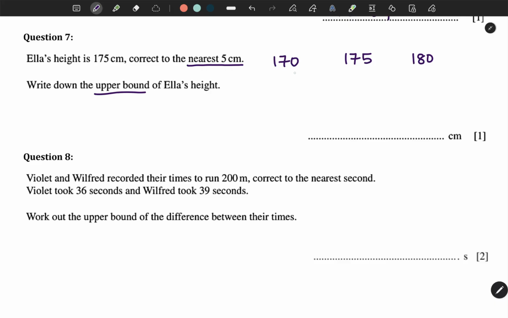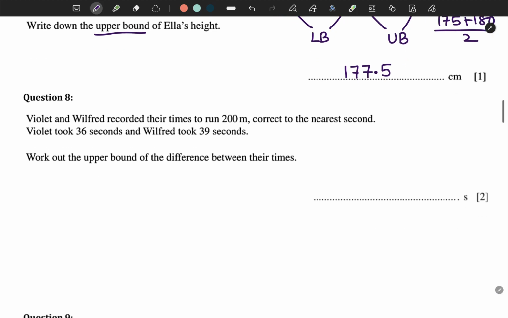You get the lower bounds and the upper bounds in between these numbers. We get the upper bound in between 175 and 180, which is the midpoint of them. We can get the midpoint of the numbers by adding them and dividing by 2. In this case, we get 177.5 to be the upper bound of the given number, 175 centimeters.